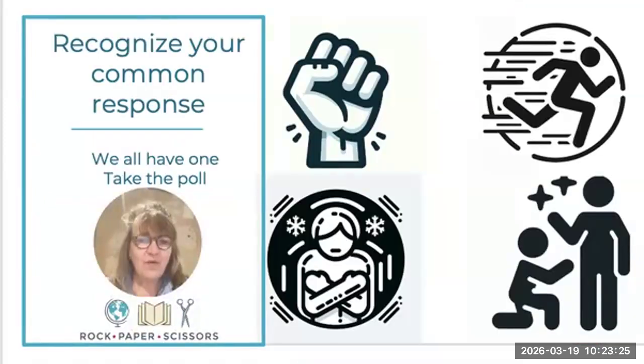Okay, so one of the things is to be able to recognize your common response. Now, of course, it depends on the conflict, but many of us have a common default, right? We want to put our virtual dukes up and argue and debate. We want to leave, we freeze, or we people please, right? That fawning.